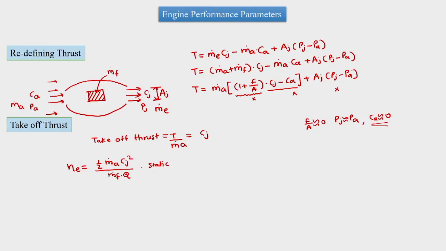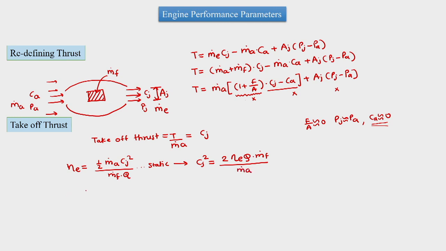So this formula is basically for the static case. For the static case we have only 1/2 m dot a Cj square divided by q. So here this formula leads to Cj square equal to 2 into energy conversion efficiency into q into m dot f divided by m dot a.